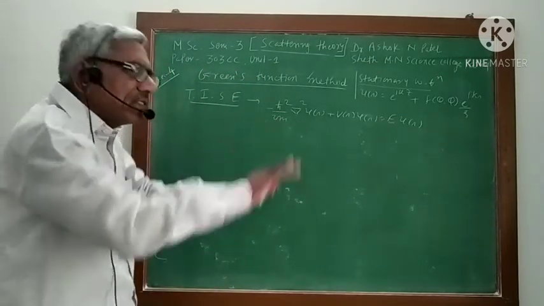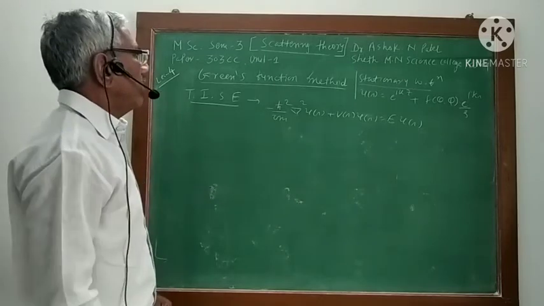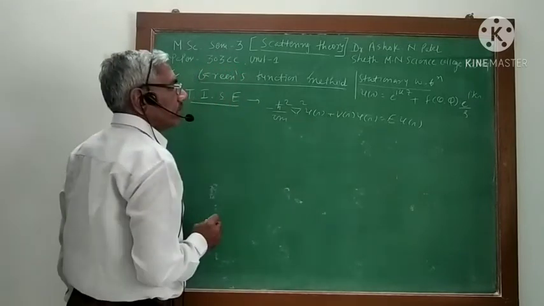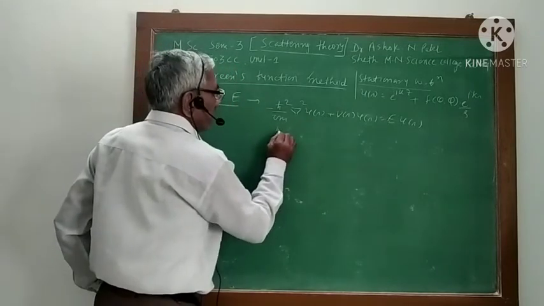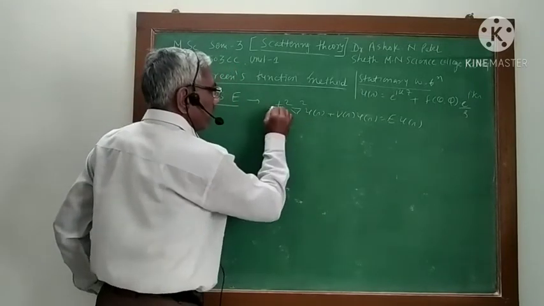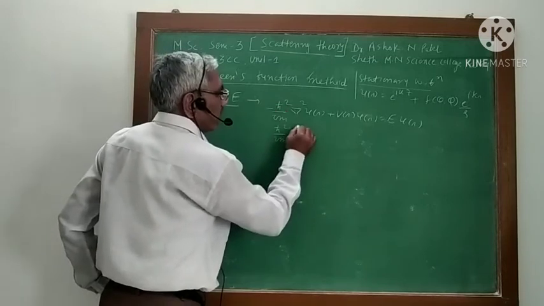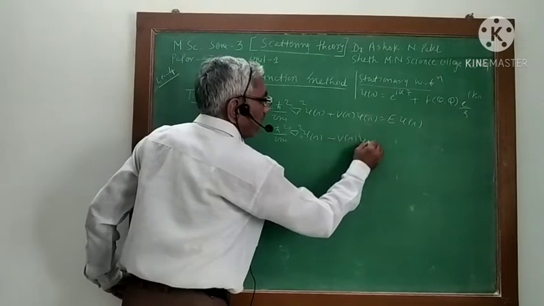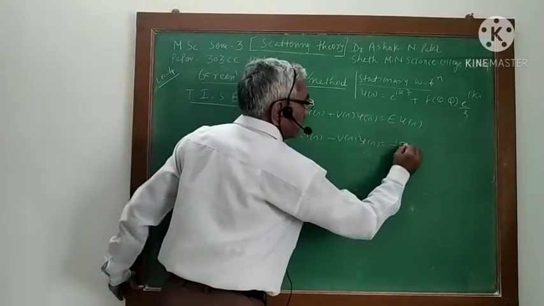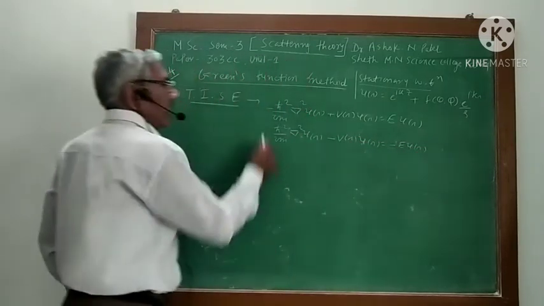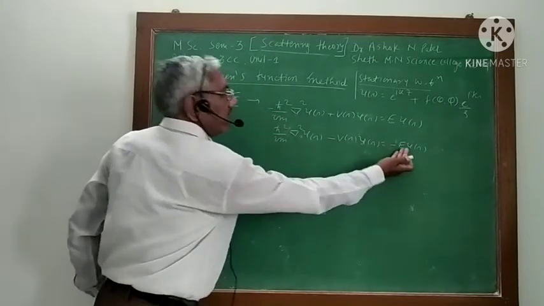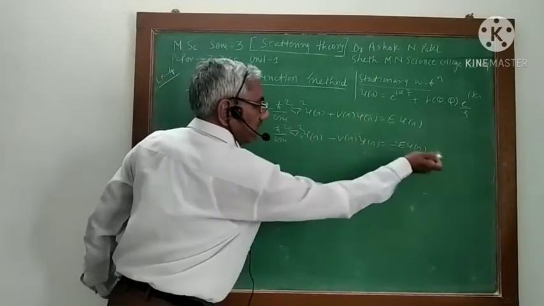Now I change its structure. How? I multiply by minus 1 over here. So it is ħ²/2m multiplied by minus ∇²ψ(r) minus V(r)ψ(r) is equal to minus Eψ(r). Isn't it? I just multiply by minus 1, then bring this to this side and this to that side.